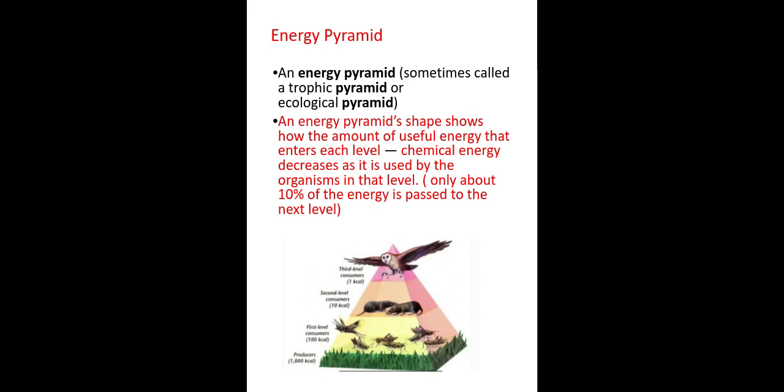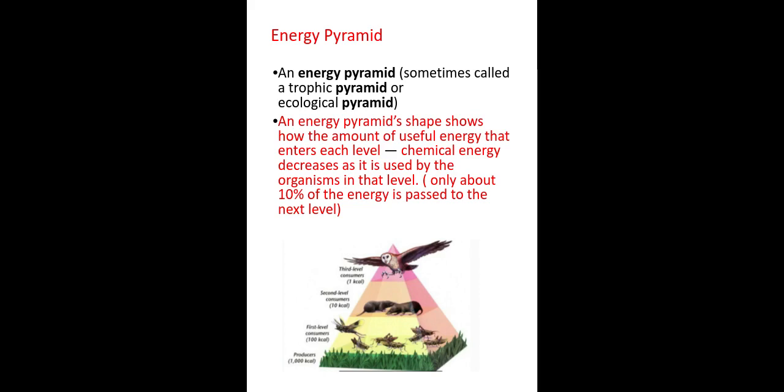Now, from the producers, only about 10% of the energy that the producer has produced. What does produced mean? To give, or like make. To make, right? So the producers make chemical energy, converting light energy to chemical energy. So the primary consumers only get about 10% of the original.